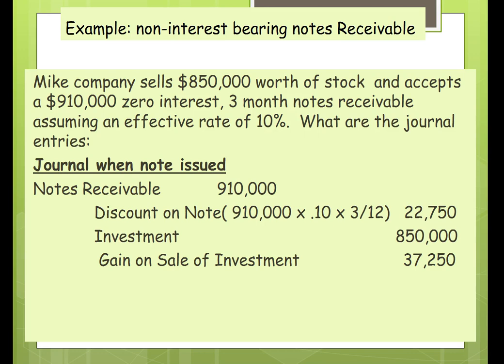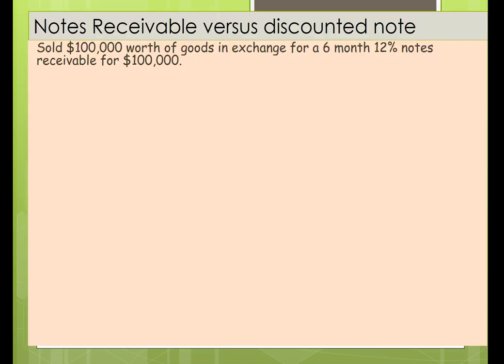Now, the last thing I want to cover is the difference between when you have a notes receivable versus a discounted note. The difference is a notes receivable, the interest is earned over time and the individual gets the face amount of the note. When you use a discounted note, the interest is taken out up front.